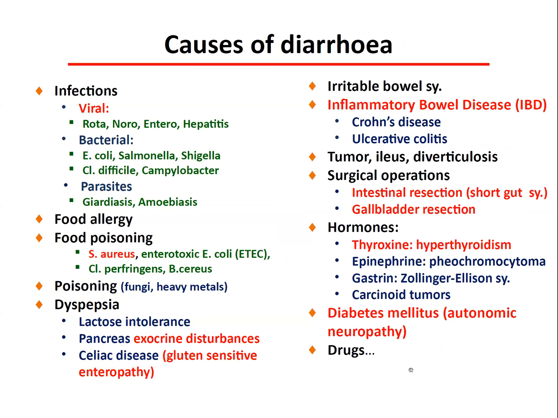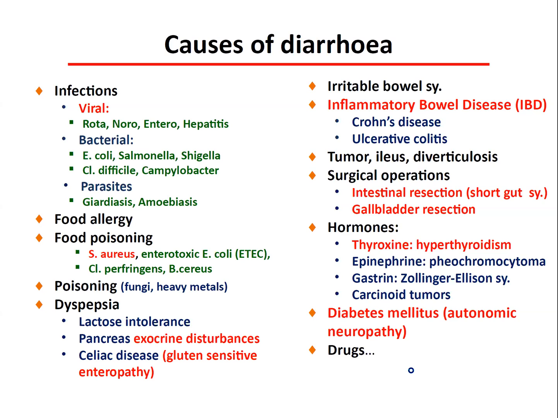Now, let's start with diarrhea because that can be a very important leading symptom, a very common symptom of a patient. Mostly this is associated with some kind of infection. Very common is viral infection. Rotavirus or enterovirus and hepatitis can be manifested with diarrhea.